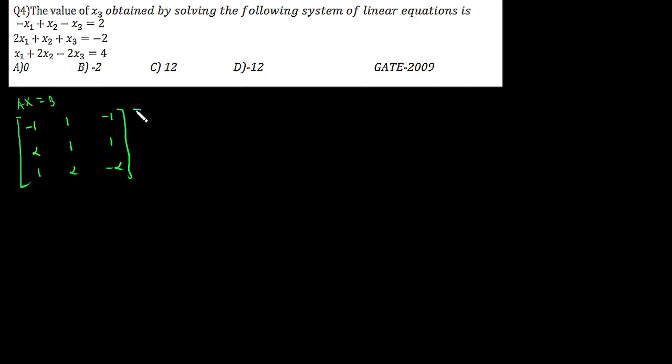In the place of x I have to put the vector of variables. Here the variables are x1, x2 and x3. And on the right hand side we simply put the right hand side of the equations in the same order: 2, minus 2 and 4. So now we have written these three equations in matrix form.